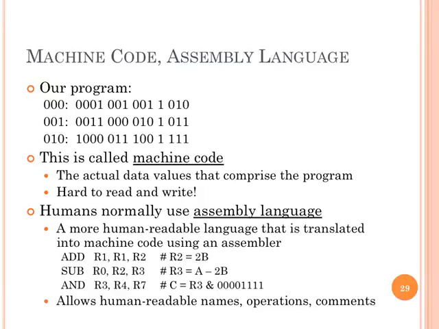I want to subtract R2 from R0 and store the result into R3. Notice we don't have the opcodes, we don't have the write bit, we don't have all of those things. They're inferred by the assembler from the instruction being performed. And the assembler would take these instructions and generate bits that the processor will be able to deal with. But it allows the human being to write code at a higher level so that it's easier for humans to understand. Okay? So that's where assembly language really fits into the picture.